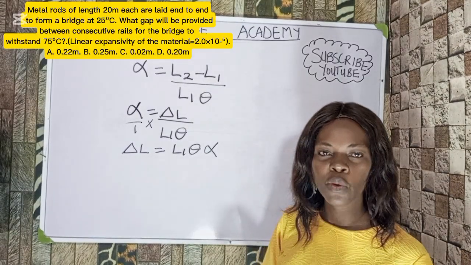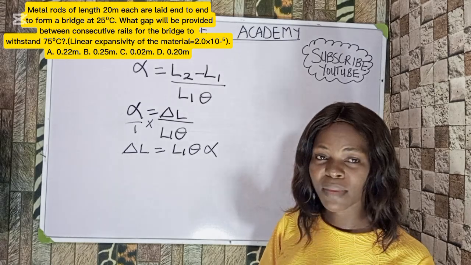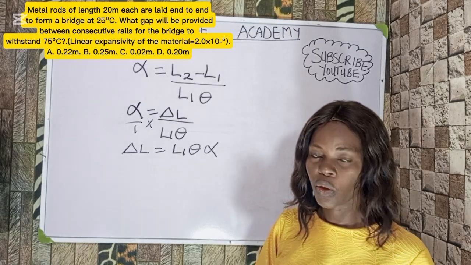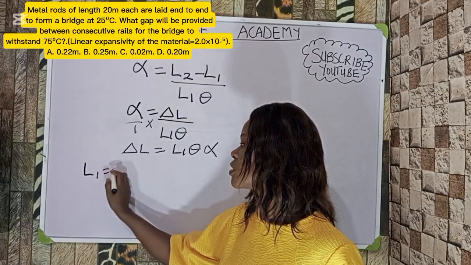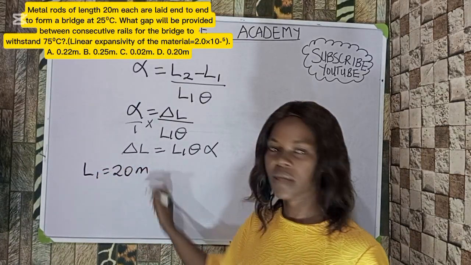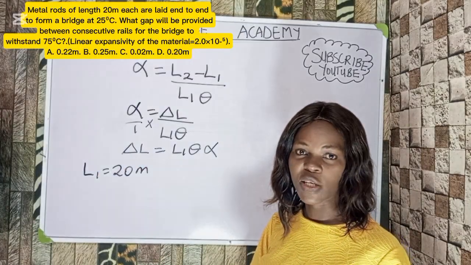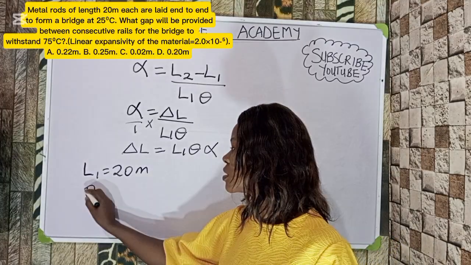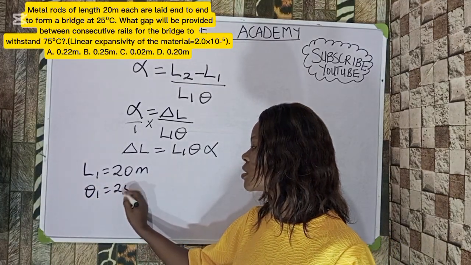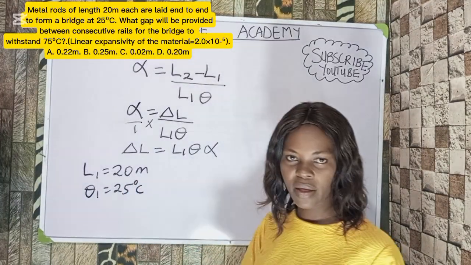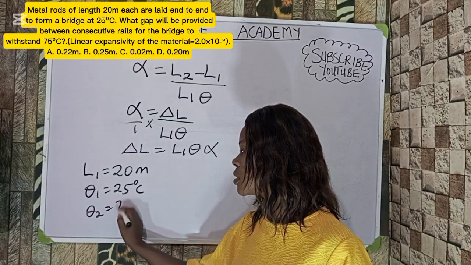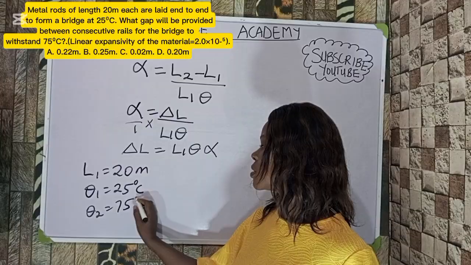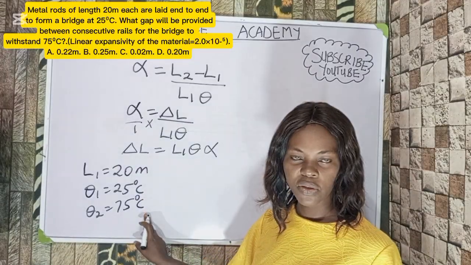The question says metal rod of length 20 meters. That means my L1, which is the original length of the rod, is 20 meters. So L1 is equal to 20 meters. The first temperature was given as 25 degrees Celsius, so theta 1 is 25 degrees Celsius, and theta 2 is 75 degrees Celsius.